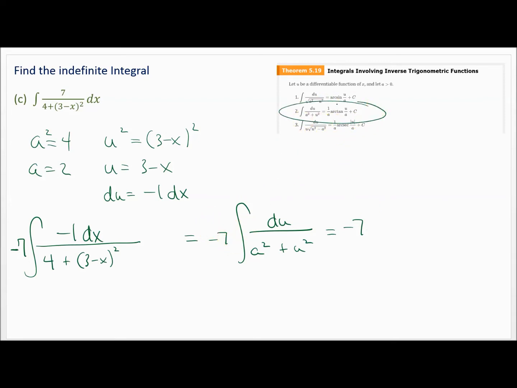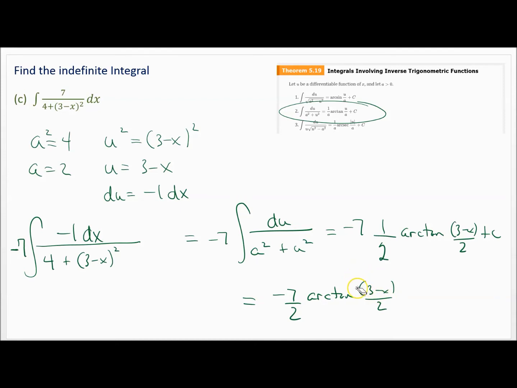Now I'm using the formula. So 1 over a, what's a? 2, right? And then arctangent of u over a, what's u? 3 minus x. What's a? 2 plus c. Then you make it look better by saying, hey, that's negative 7 halves arctangent of 3 minus x over 2.